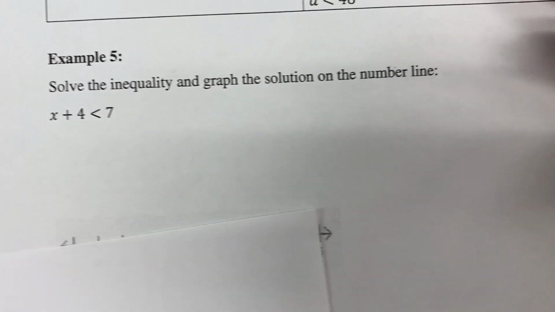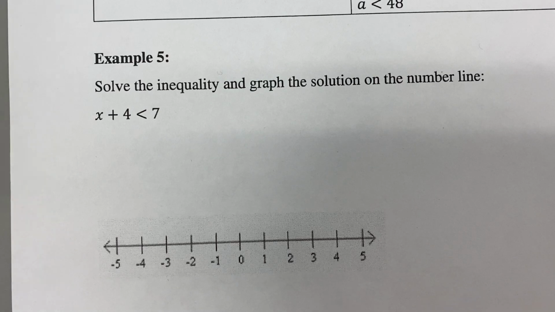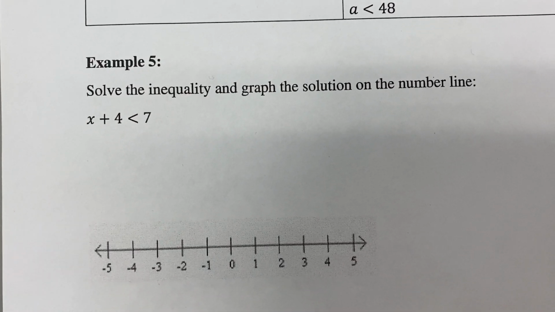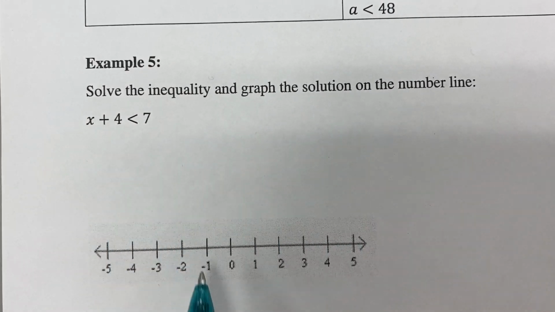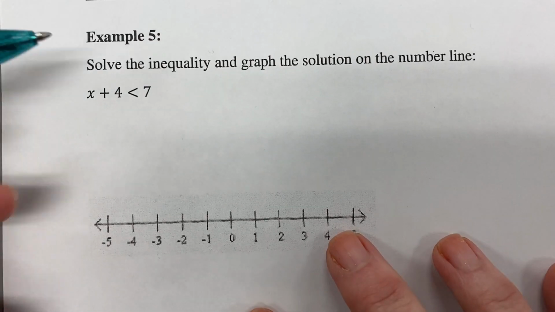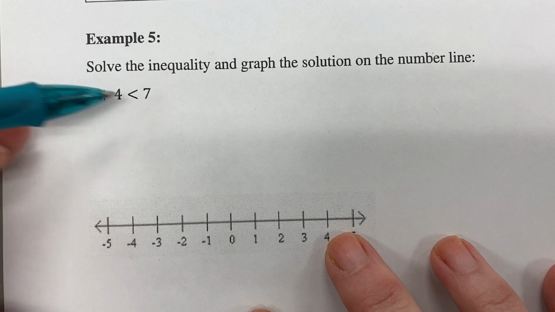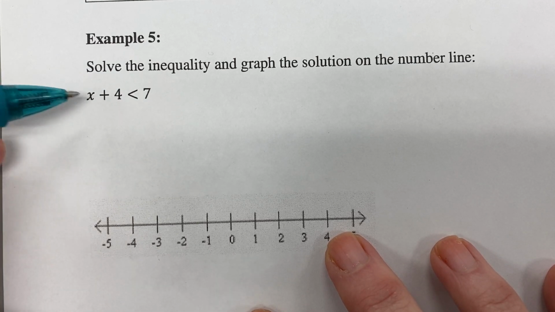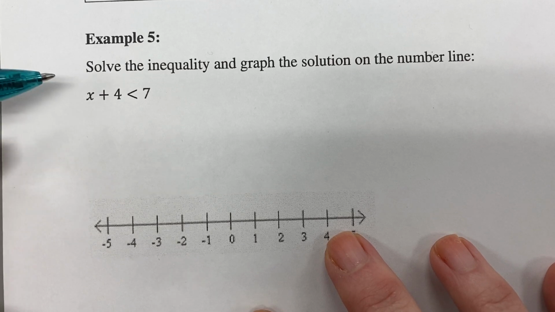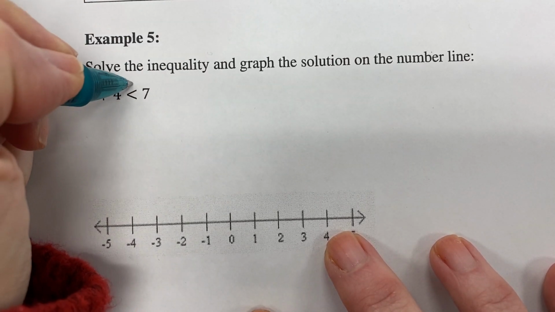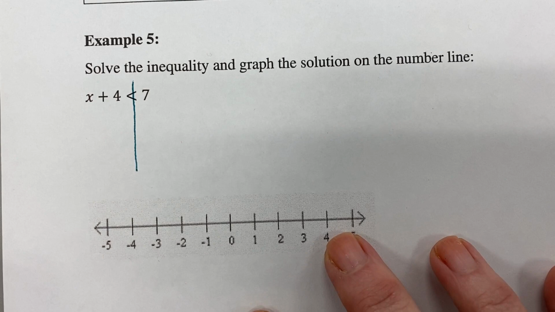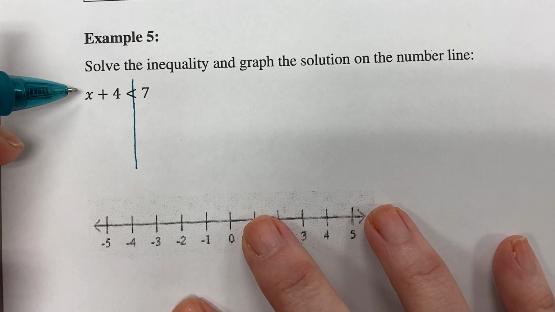And finally, our last example, example 5, we're going to solve the inequality and then graph the solution on a number line. Okay, so if you look here, we have x plus 4 is less than 7. Now, solving an inequality is pretty much exactly the same as solving an equation like we've already done. So you take a vertical line through that less than symbol, and we want to get x alone.